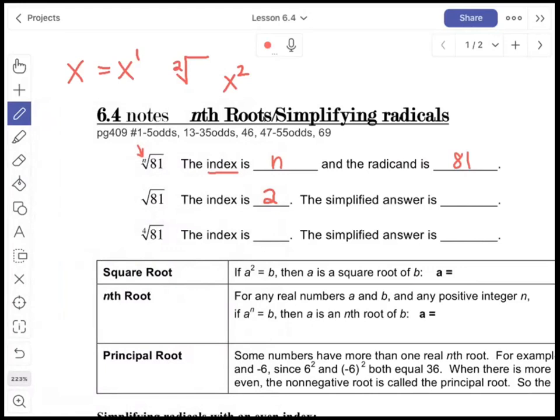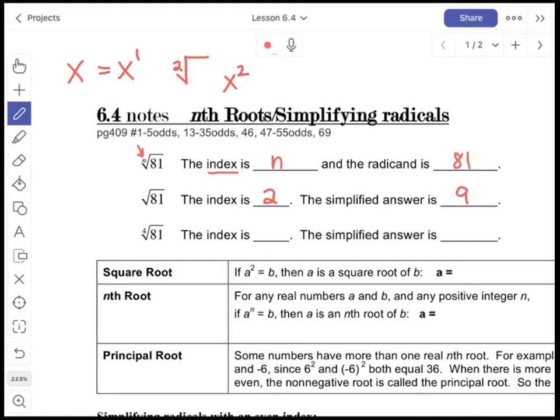Everyone's got it right so far. Let's see if we can get to 10 right answers. Good job, guys. All right, so the square root of 81 we get is 9.